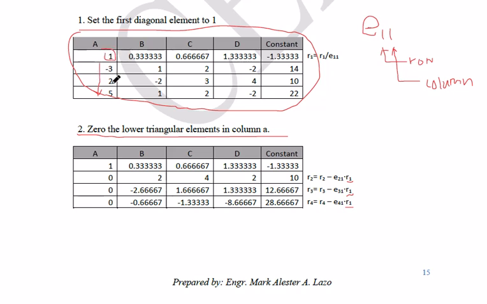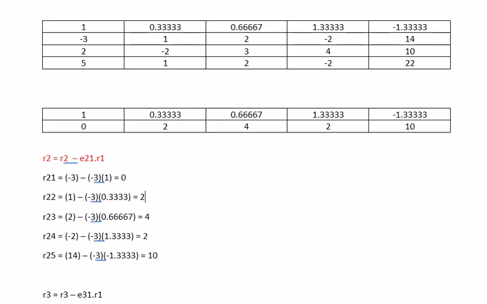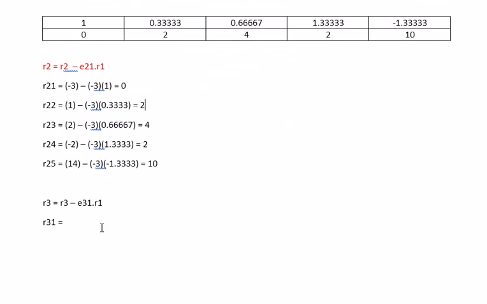So it will be 2 minus 2 times 1, so it becomes 0. We have negative 2 minus element in the third row, first column, 2 times R1. So can we do that in the other sheet here? So we will try here.